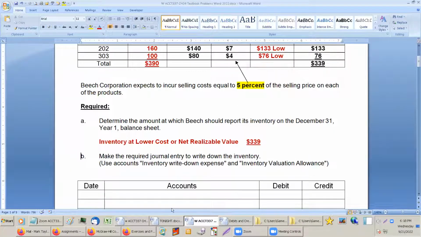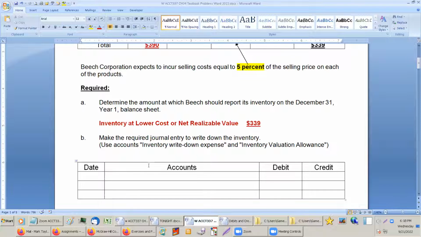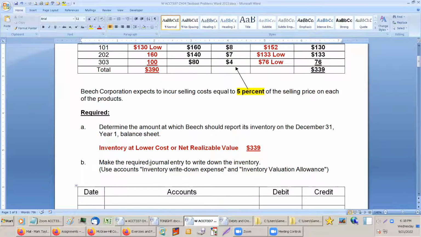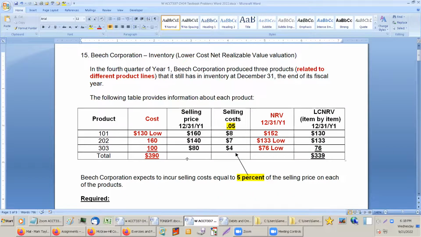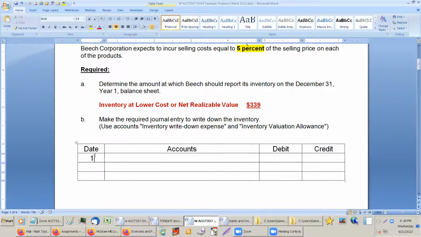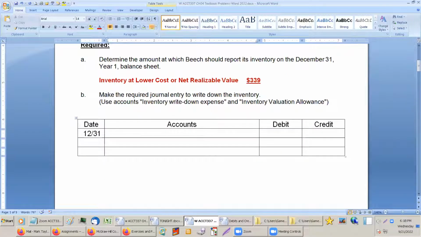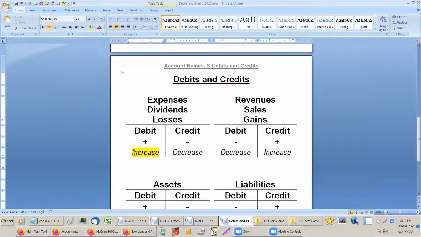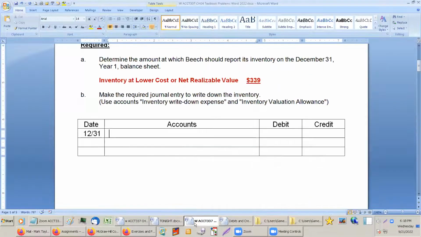Okay, so we have to write down the inventory, December 31st. So we're going to have an inventory write-down expense, and expenses go up with debits, so it's going to be a debit.